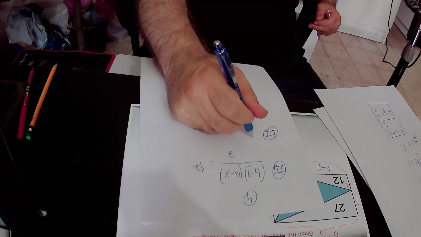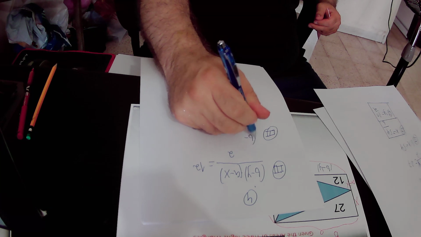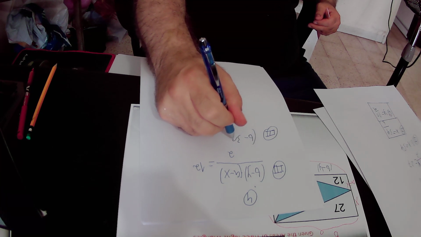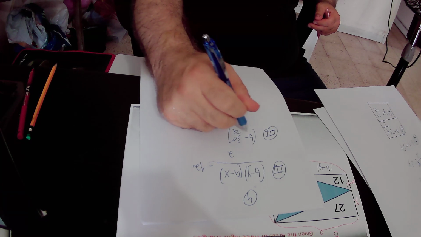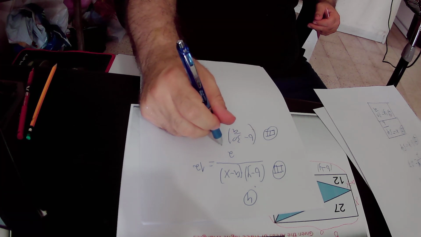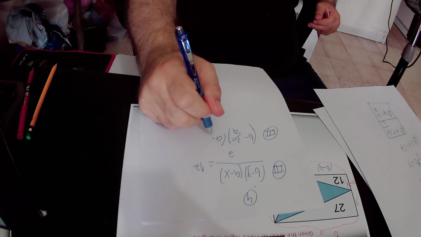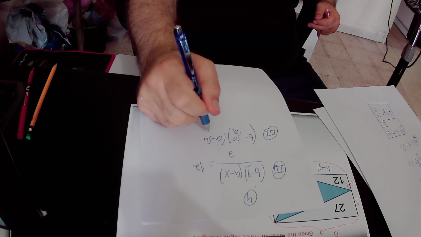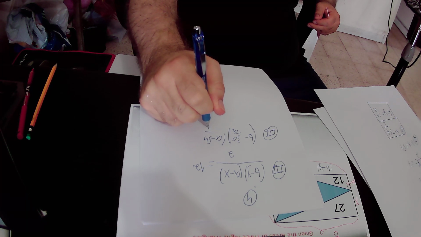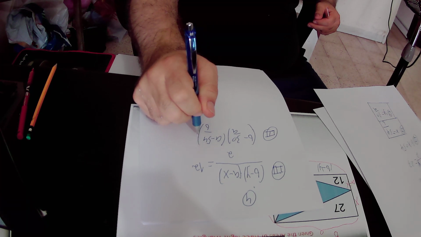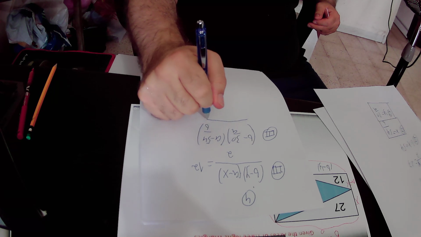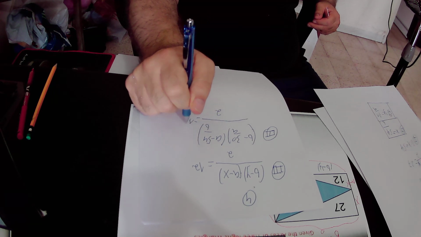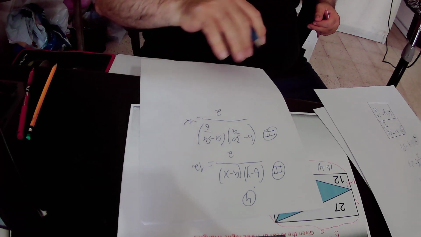So it will be b minus y, and y equals 30 over a, times a minus x, and x equals 54 over b, all divided by 2 equals 12.